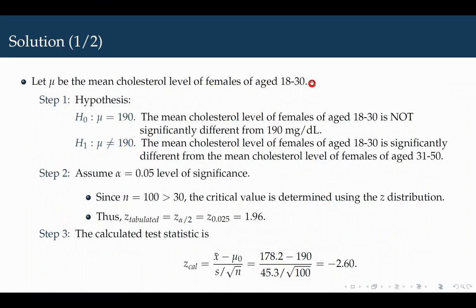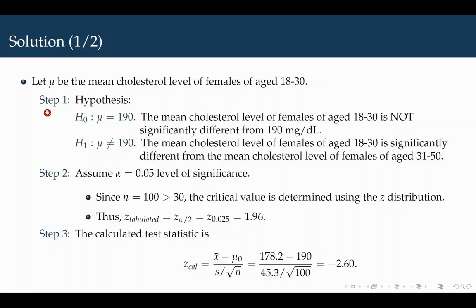So using those summary statistics, which are just the sample mean cholesterol level and the sample standard deviation, we can test whether the mean cholesterol level of females aged 18 up to 30 is significantly different from 190 or not.